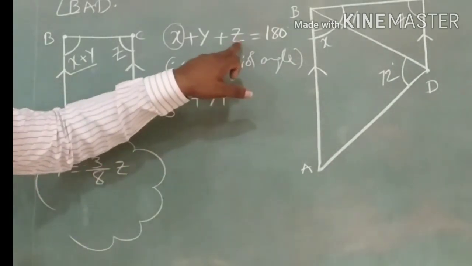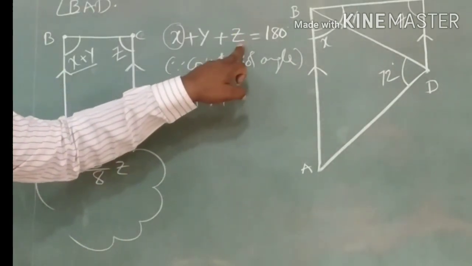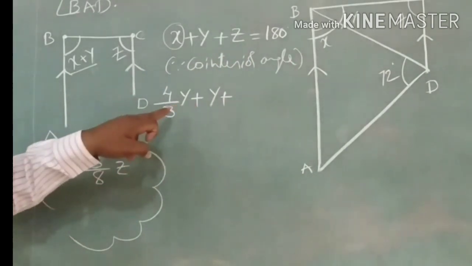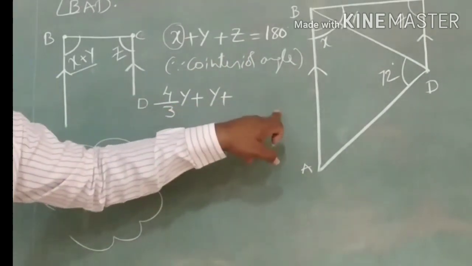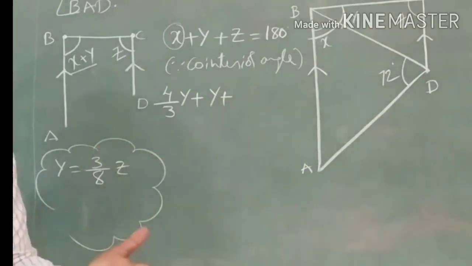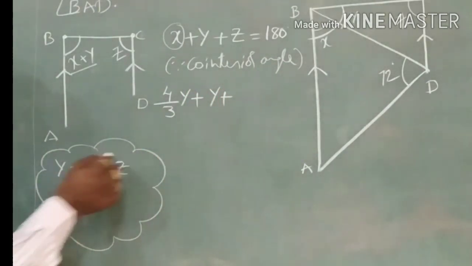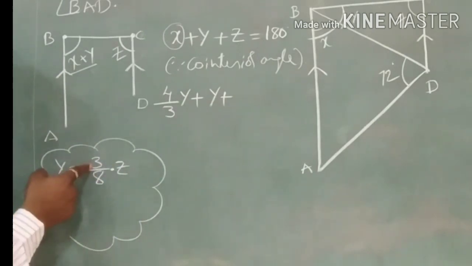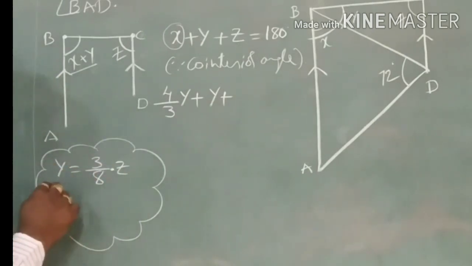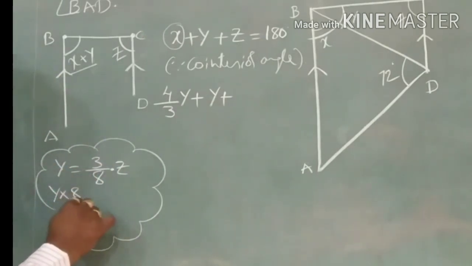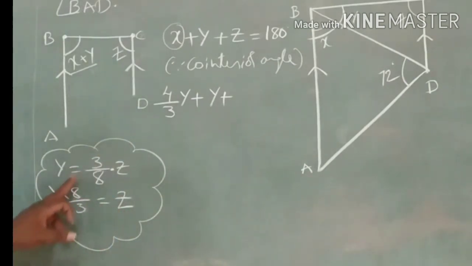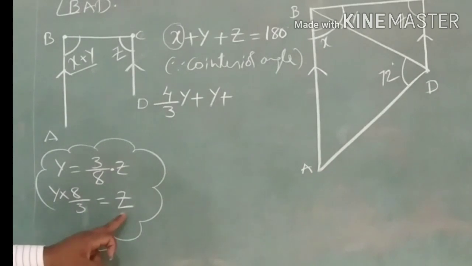But if I write in place of z in terms of y, now my entire equation I will get in terms of y. So linear equation in y, I can solve it. That's why if 3/8 I am sending to this side, so y into 8/3 is equal to z.